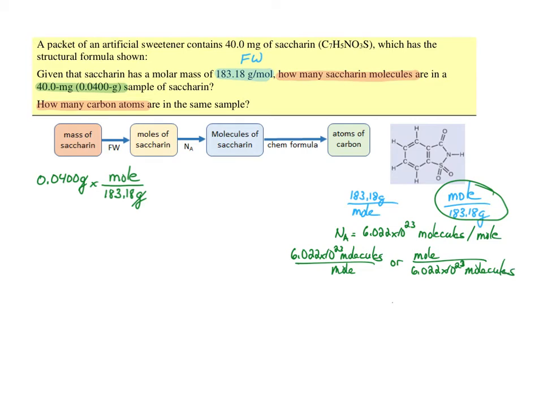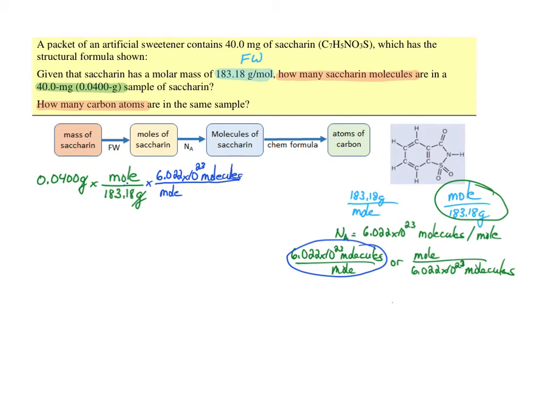Looking at where we are in our calculation, where we have moles and we want to get to molecules, we're going to use this first version of the conversion factor to get to molecules of saccharin. So every mole of saccharin is equivalent to Avogadro's number of molecules.